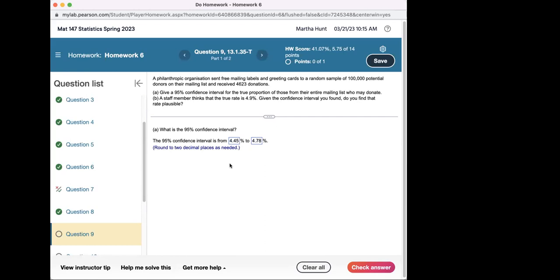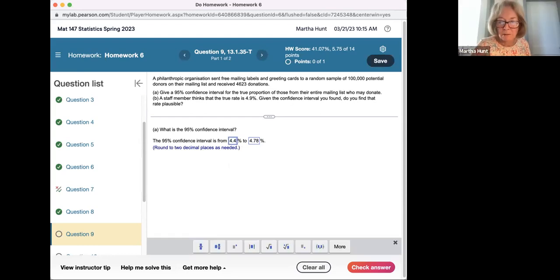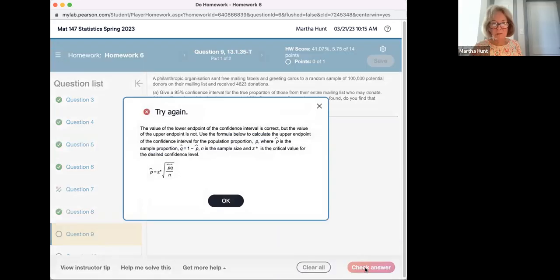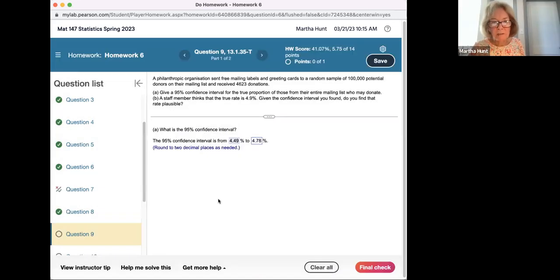I don't know if I'm right, but it might be 4.49 for the first percentage. That's what I wrote down. Okay. Instead of 5. Okay, thank you, dear. Yes, I got the same thing. Perfect. Check answer. Try again. What about the upper bound? 3 decimal places. You've got to be out of your mind.